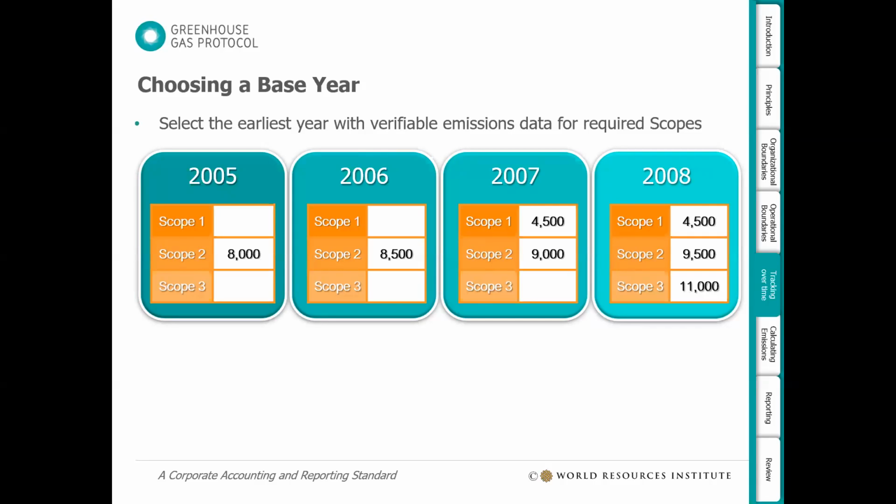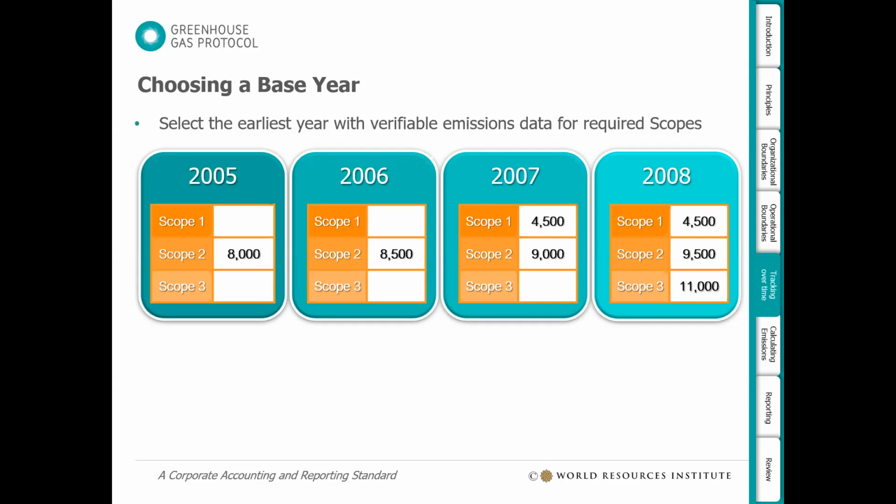Scope 1 and 2 data are instead available for 2007, and so this could be the base year for that company. And note that the company could select 2008 as well, particularly if it wanted to track Scope 3 emissions beyond 2008.